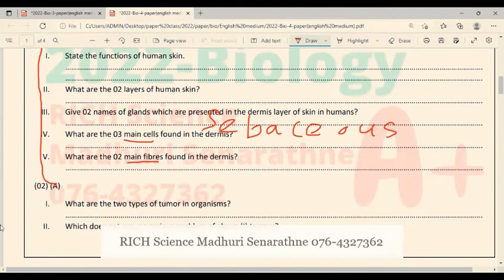Second question. What are the two types of tumor in organisms? This is actually an uncommon question, but it is also a guessing question. Here I give you a structured question, but in your paper, it may be an essay question.